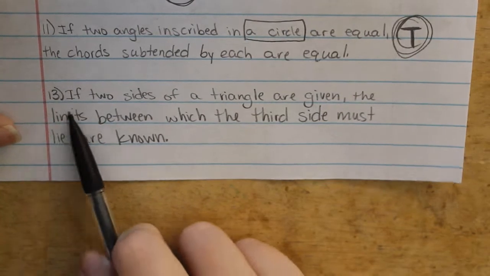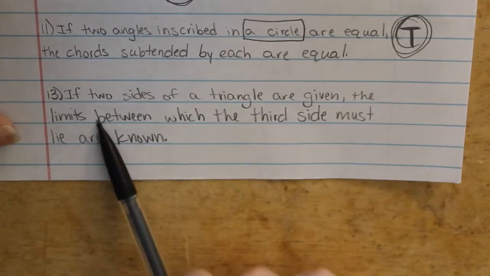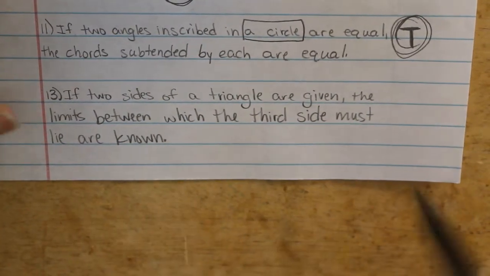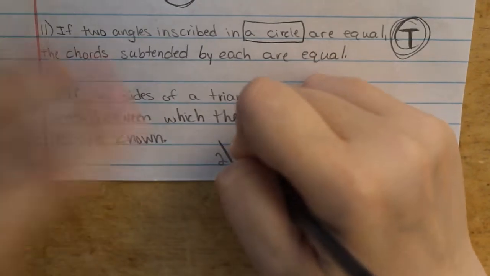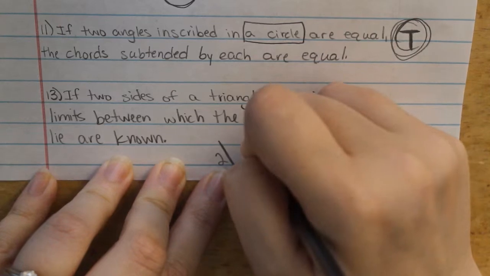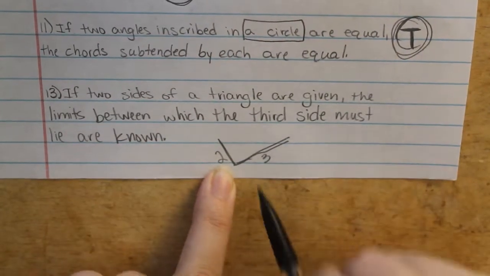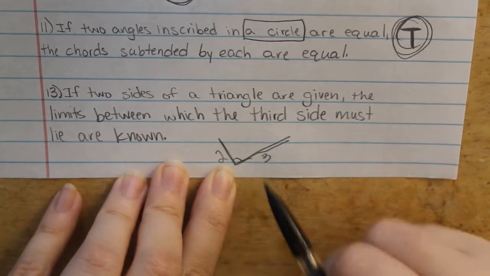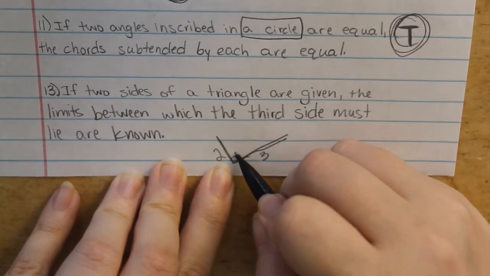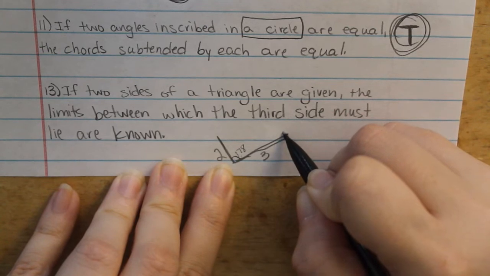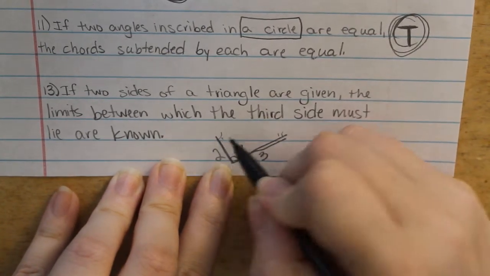Okay. If two sides of a triangle are given, the limits between which the third side must lie are known. So if I tell you that this side is 2 and this side over here is 3, I do have limits. This angle right here cannot go above, for our purposes, let's just say 178, so that we would still end up with a 1 degree angle and a 1 degree angle.